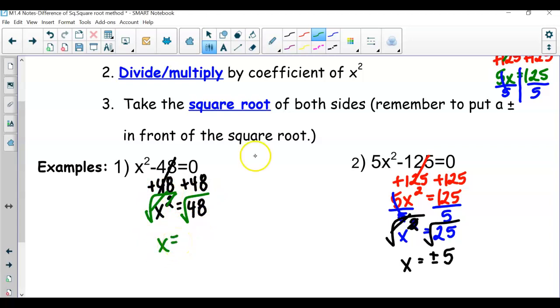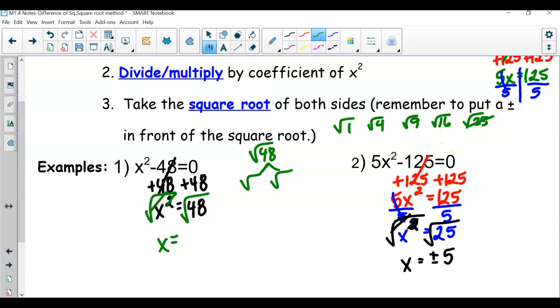So we could break apart the square root of 48 by a perfect square factor. I'm going to list those out so you can visually see. So here I could have the square root of 1, 4, 9, 16. For this problem, I'll stop at 25 because then I'm getting too big. But 25 is not a factor, because if I divide 48 by 25, it's not going to work.